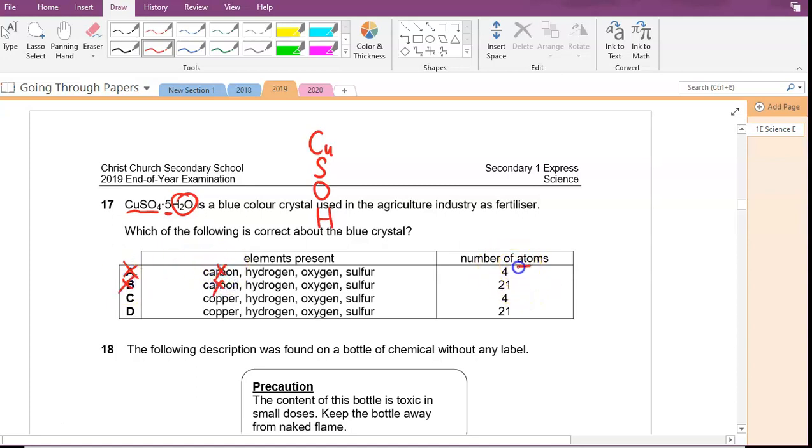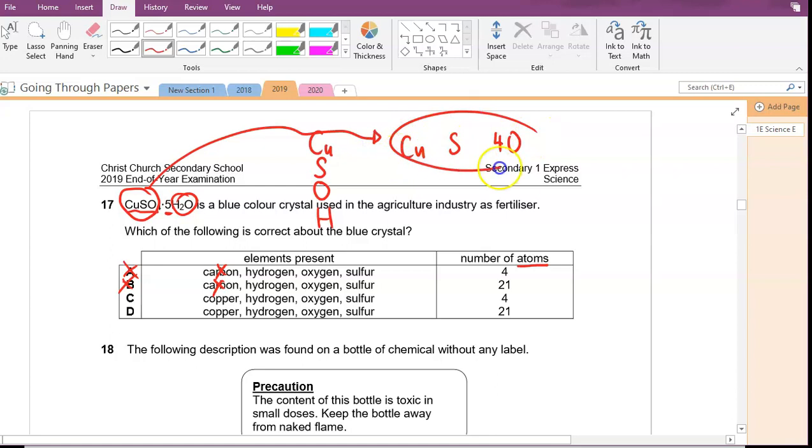Next, how many atoms do I have? If you look carefully, there are actually more than 4 atoms. I got 1 Cu, 1 S, and 4 O, so there are 6 atoms purely based on this. Now, can you see there's 5 H2O? H2O is made of 2 H and 1 O, so a total of 3 atoms.